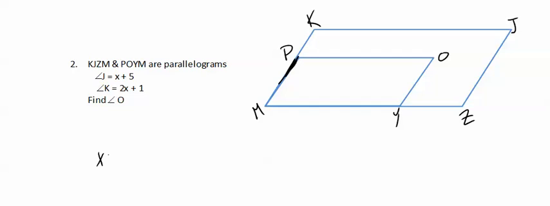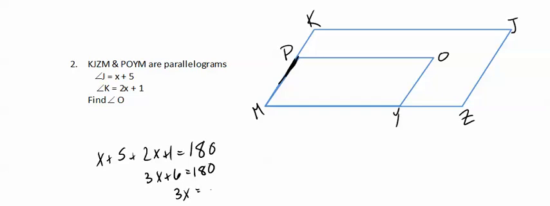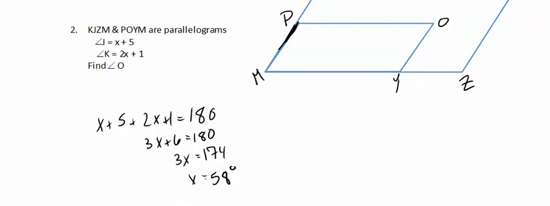So I can take x plus 5 plus 2x plus 1 and set that equal to 180, and then solve for x. Therefore, x equals 58.